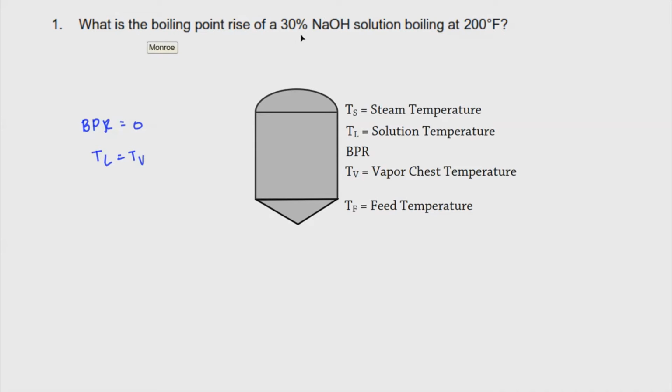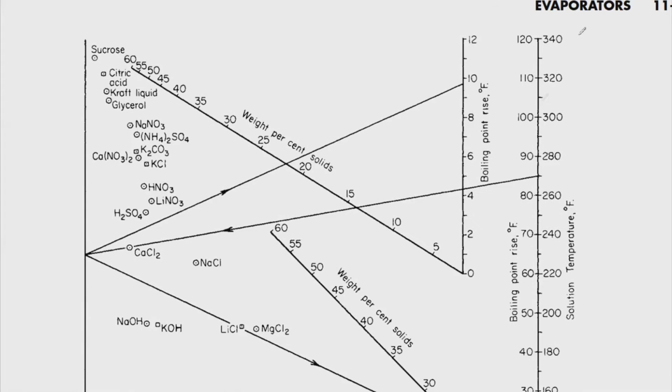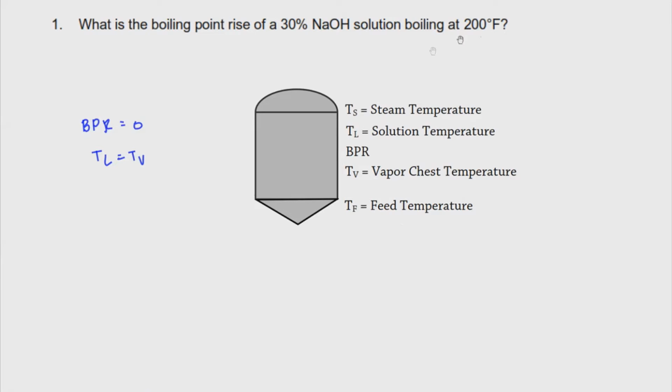So we're looking for the 30% sodium hydroxide boiling at 200 degrees Fahrenheit. The first step is to look at the solution temperature, at the rightmost side of this figure. In this case we have 200 degrees Fahrenheit. You start with that and take note of this point.